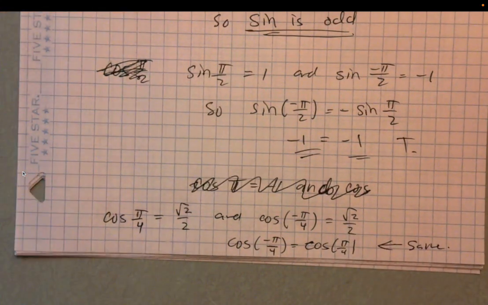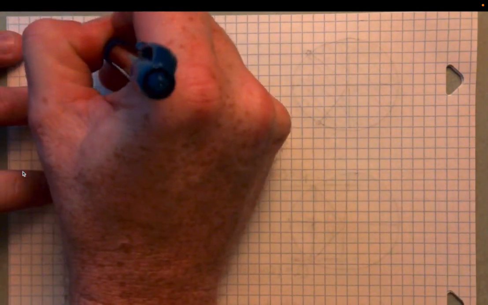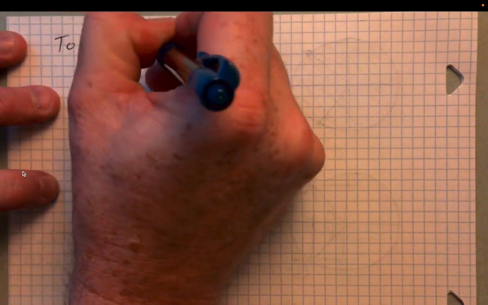And that's due to the evenness of the cosine. Okay? All right, so let's kind of summarize all of that here. What can we say about that? So to summarize, the cosine is even.